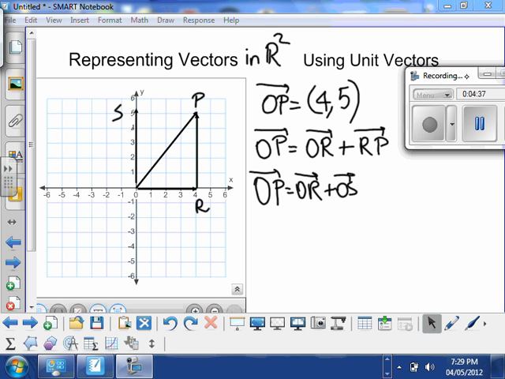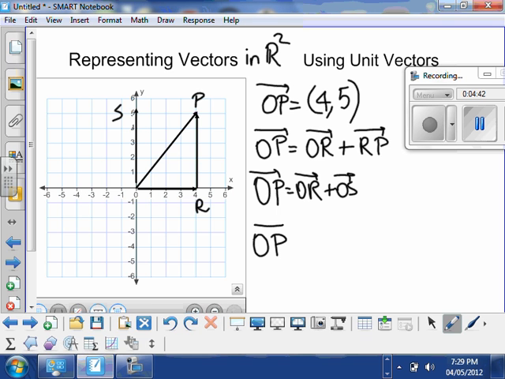Good. Now, how can I write vector OP? Vector OP is OR plus OS, but OR is nothing else but 4 times what vector? The unit vector i. You remember our special vector along the x-axis. OR is nothing else but 4i.